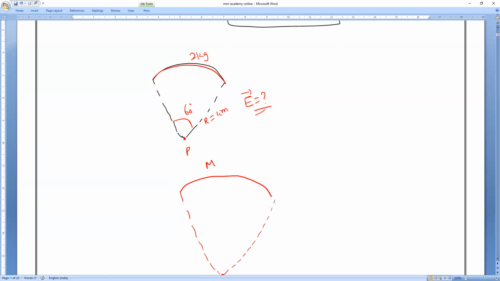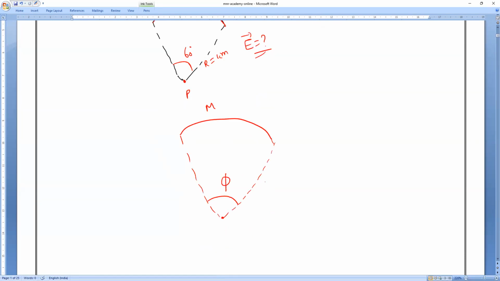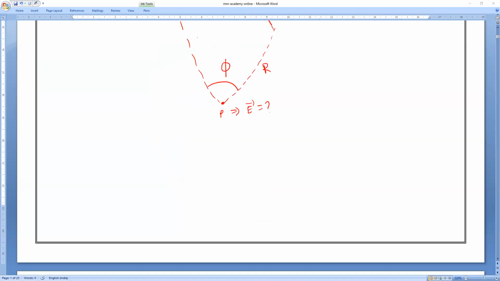So phi is the angle it is making, and the radius is r. Now we have to find, at this point P, what is the gravitational field? That is our target. Let us see how to find it and how to solve it. Try to observe very carefully, and if you have any doubt, you can ask me and I'll explain it.